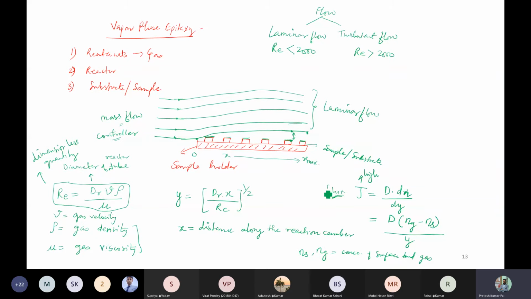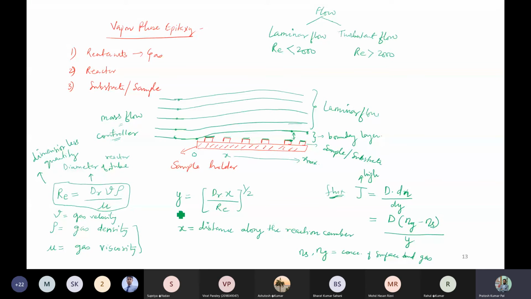That means if the boundary layer is large, then the flux density, or you can say the flux, is low. If the flux is low, the deposition of the epitaxial layer will be of poor quality. So to have better deposition of the epitaxial layer, the boundary layer should be reduced.